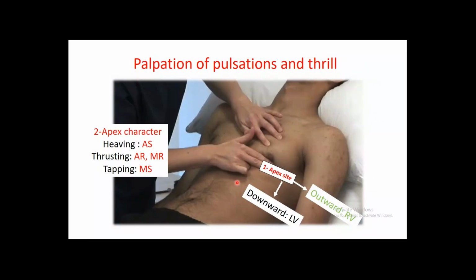If we feel something like a tap on our fingers, occurring synchronously with the systolic carotid pulse, this is a palpable S1. Palpable S1 occurs with tough fibrosis of the mitral leaflet, causing a tapping character while palpating the apex. This tapping apex occurs in patients with mitral stenosis.